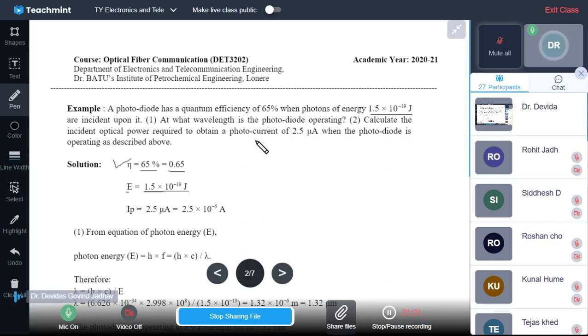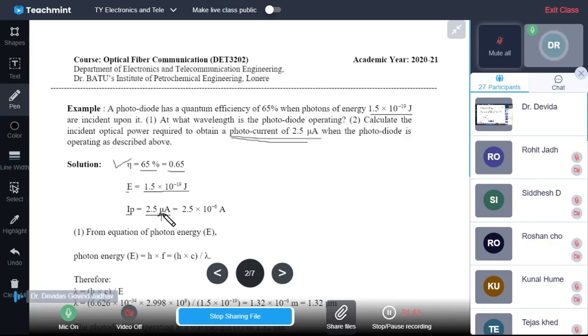Then what is one more term given? Photocurrent, IP. It is 2.5 microampere.